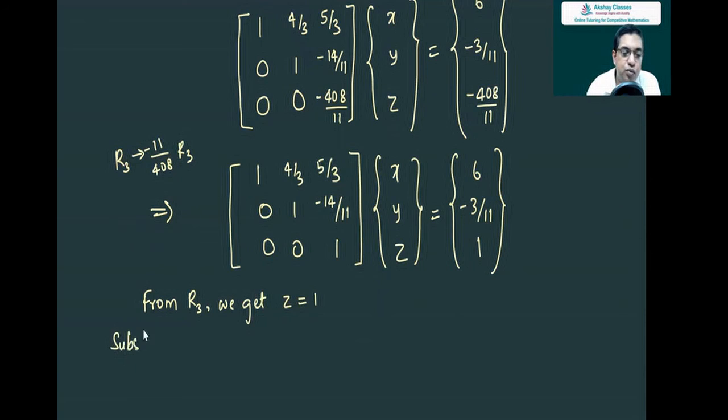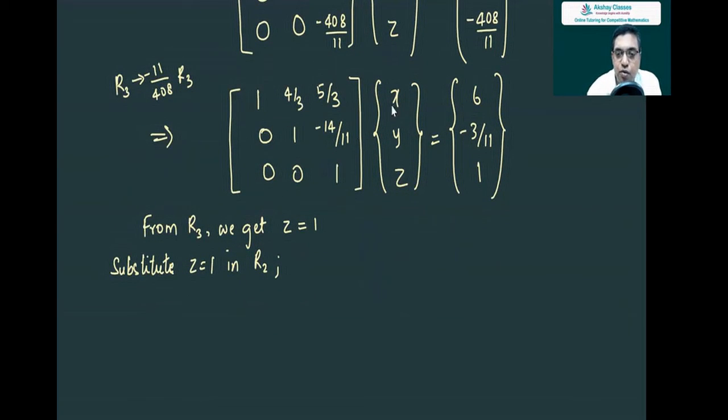Substitute in row 2. So row 2, when you multiply this row 2 with X, Y, Z, you get Y minus 14 by 11 times Z is equal to minus 3 upon 11.